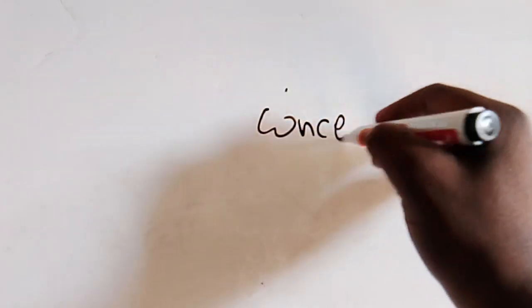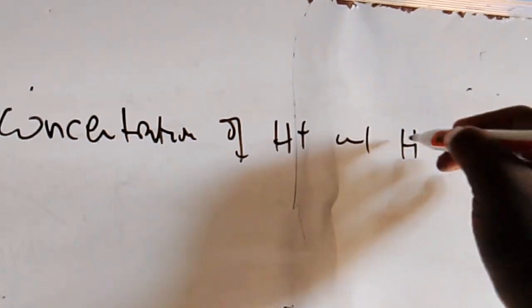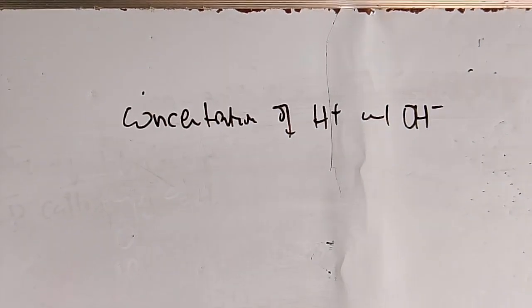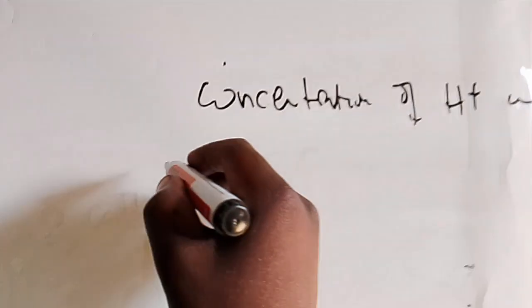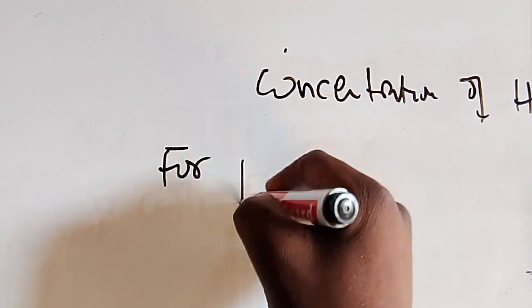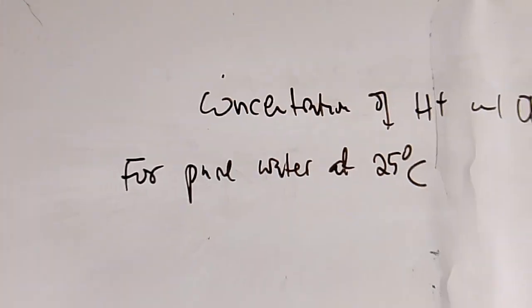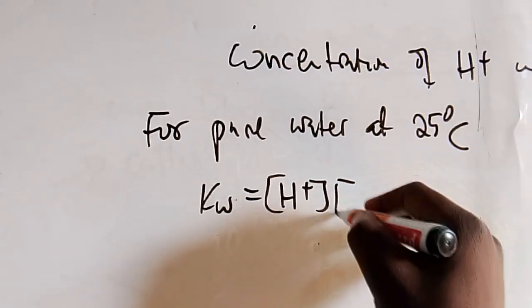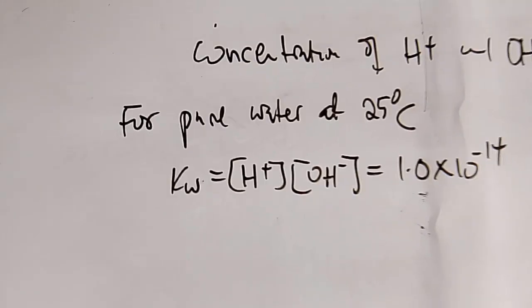Now let's look at the concentration of hydrogen ion and hydroxide ion in pure water. For pure water at 25 degrees Celsius, we know that Kw is equal to the hydrogen ion concentration times the hydroxide ion concentration, which is equal to 1.0 times 10 to the power negative 14.